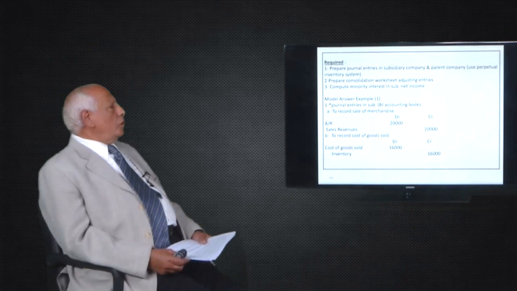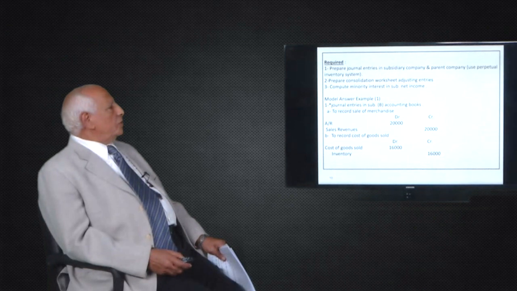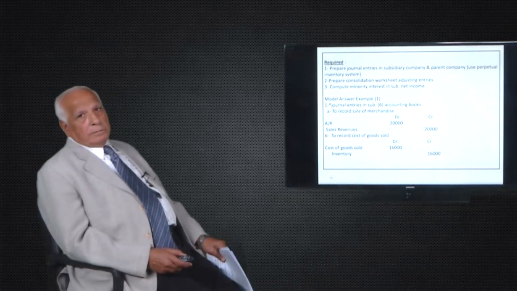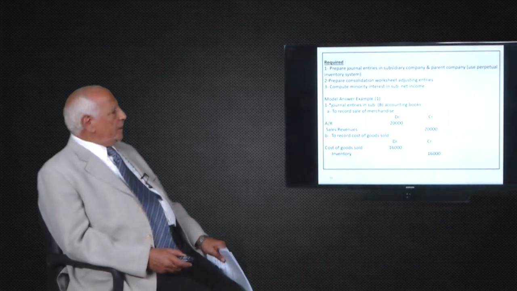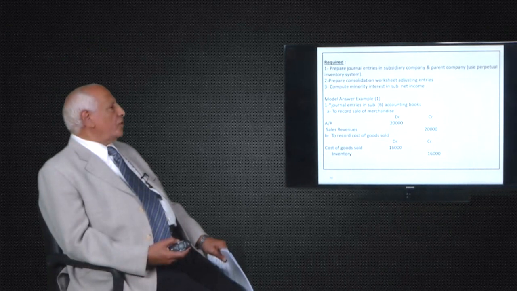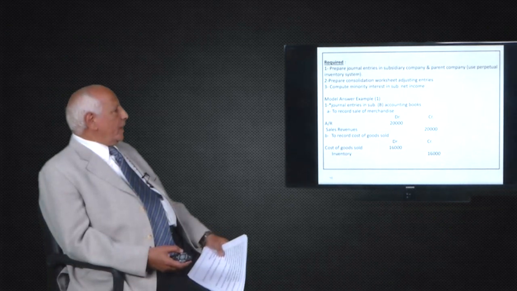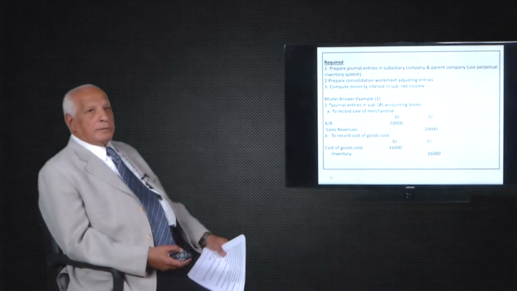Start with journal entries in sub B company's accounting books to record the sale of merchandise. Remember, debit AR, that's sale on credit, 20,000, credit sales revenues. Company B is also going to make another entry to record cost of goods sold. That means two entries: record the sale of merchandise and record cost of goods sold.